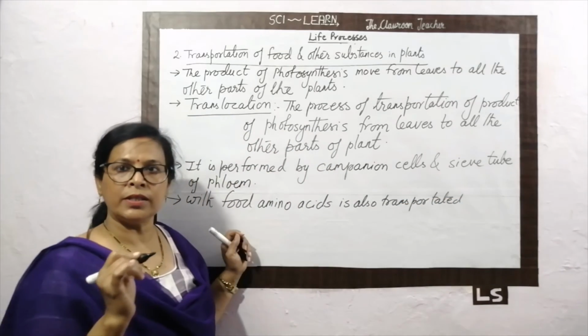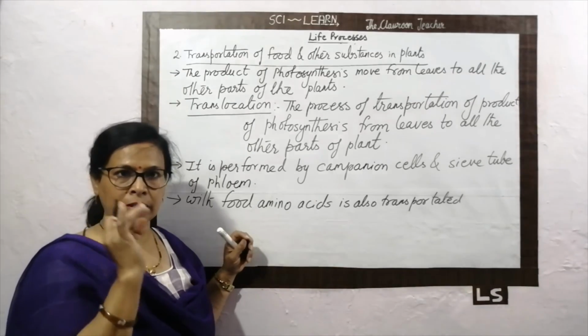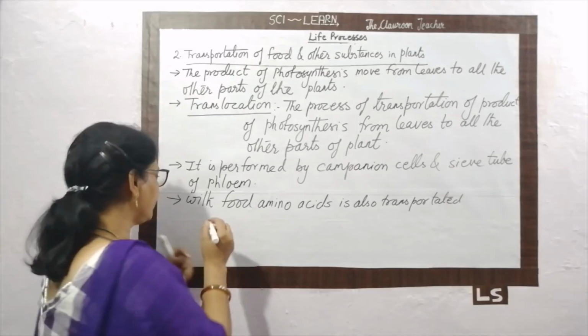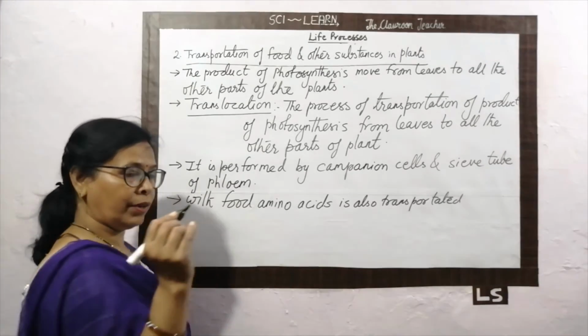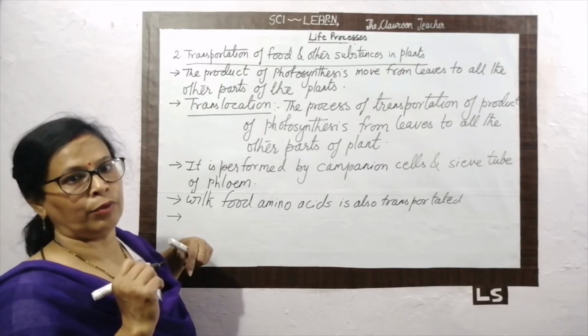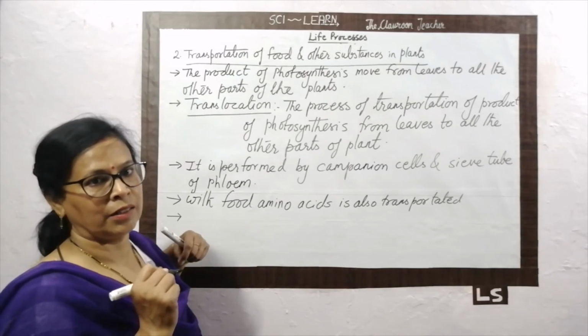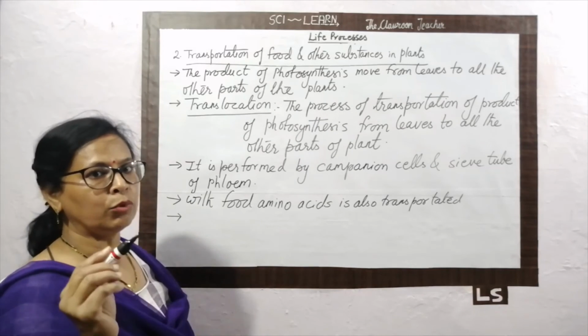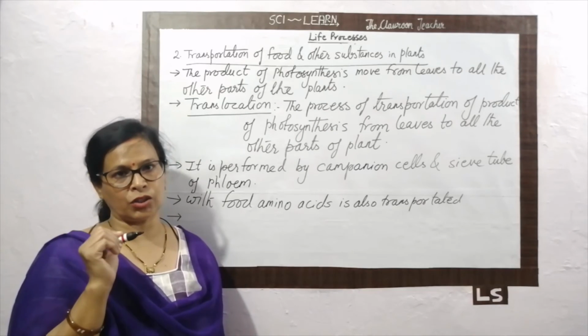Amino acid is an important substance for the formation of protein in the plant. One more important thing, as I told, when we explain the phloem and the xylem, this movement of the phloem is in both directions, because we have to circulate the food in all directions. So this movement occurs in both directions.